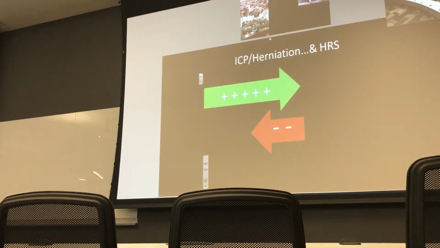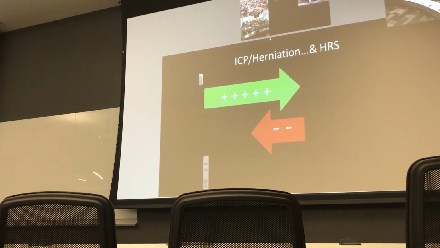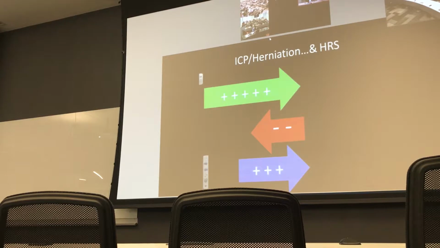The brain has an elevated pressure fighting against that. It's counteracting the pressure your heart gives with the elevated intracranial pressure, or maybe intra-abdominal pressure with hepatorenal syndrome. So you have two forces fighting against each other, and a net perfusion pressure of whatever the difference between those is.